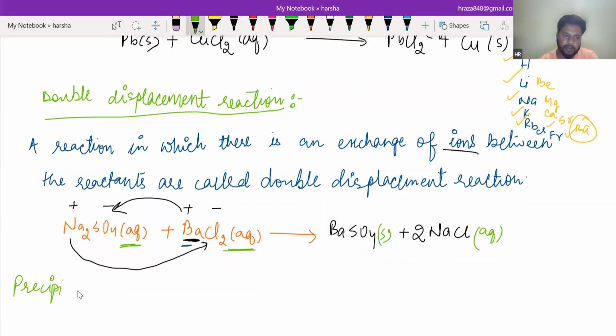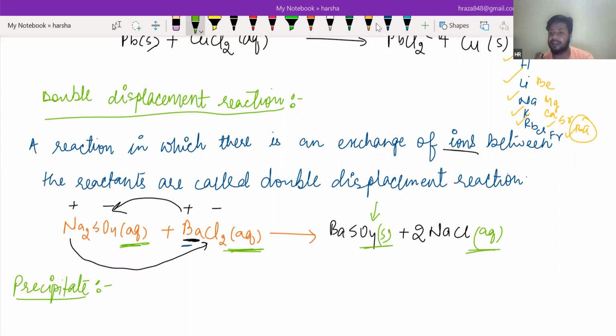Whenever a reaction is carried out in aqueous solution and one of the products is formed in solid state, that is called a precipitate. So this solid is called precipitate, and this reaction can also be called a precipitation reaction.